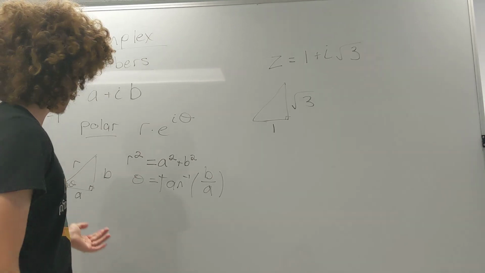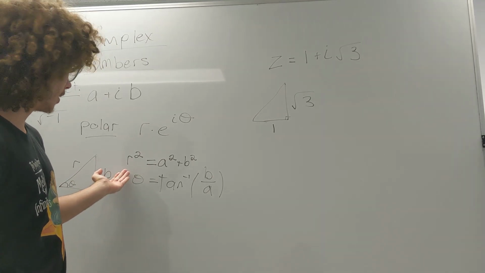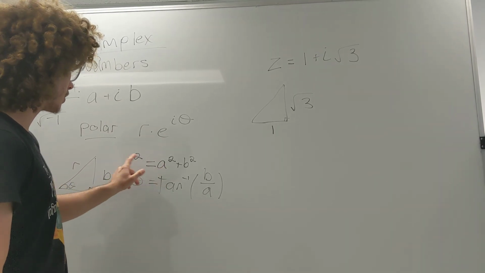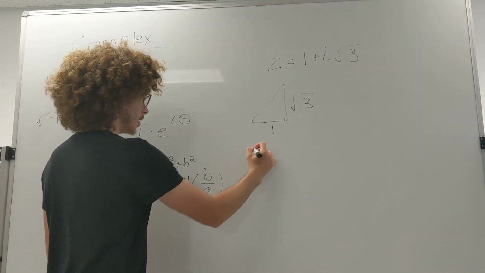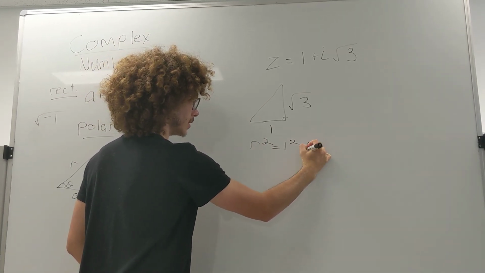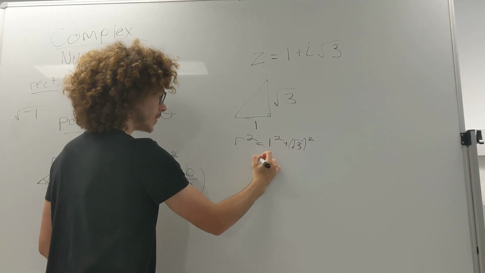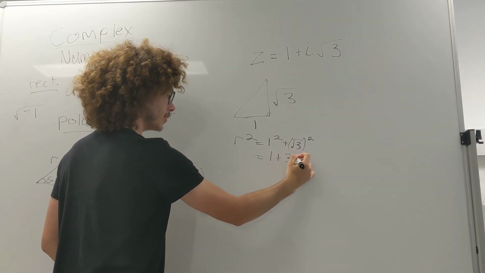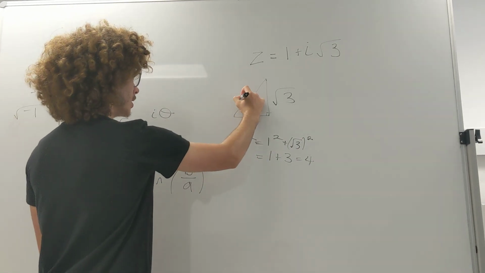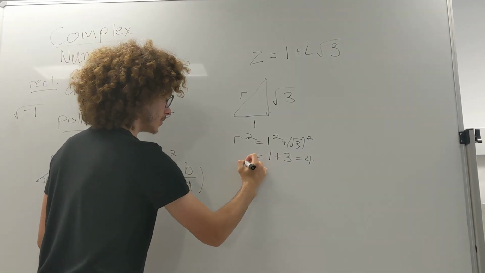But the numbers, when you use this formula, we're looking for the r first. So r squared is a squared plus b squared. So you've got r squared is 1 squared plus root 3 squared, which is of course 1 plus 3, which is 4. And so you square root both sides, and your r is equal to 2.